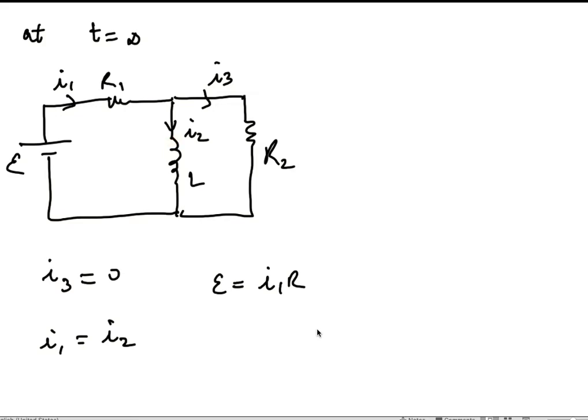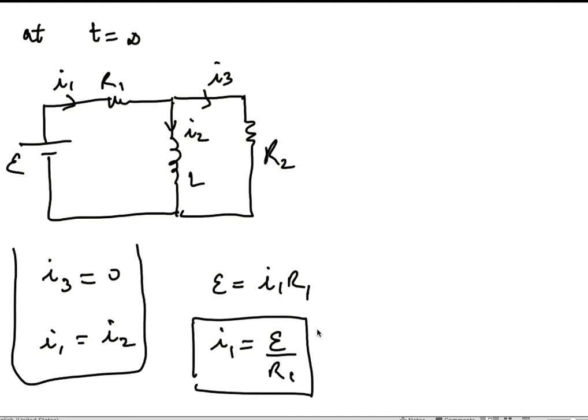The voltage across the inductor is 0 because you have reached steady state values. So I1 equal to E over R1. So there are the three currents.